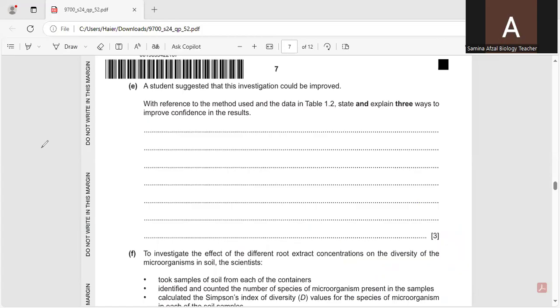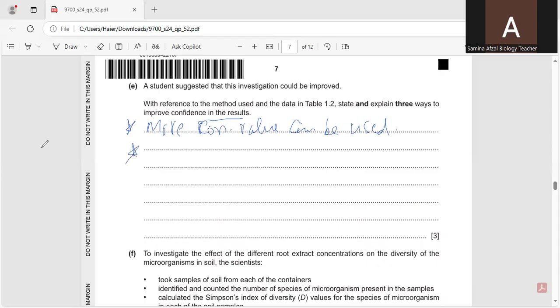Okay, so we have to write 3 points which are able to improve this method. So you can say more concentration values can be used. There were only a few, so more of these values can be used.